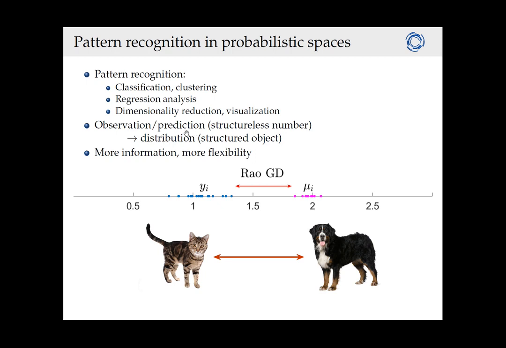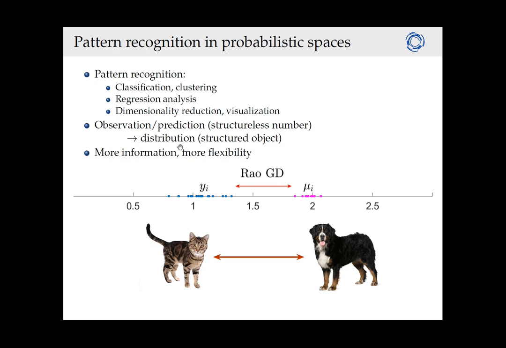Of course, the more access you have to the properties, the characteristics of that underlying distribution, the more information you have about the stochastic uncertainty.